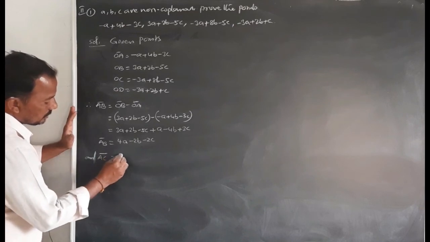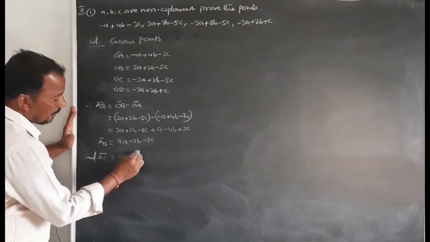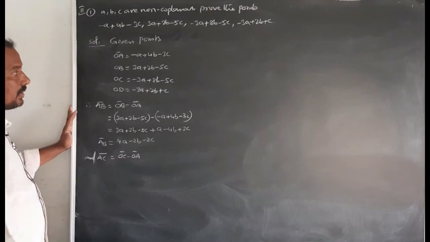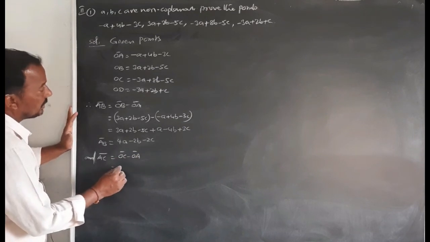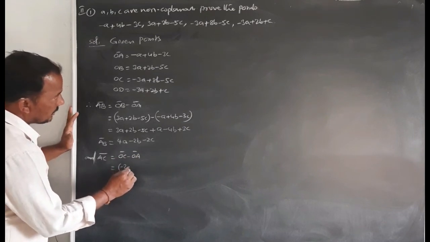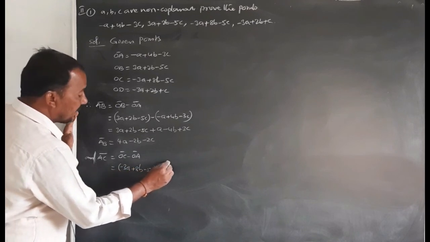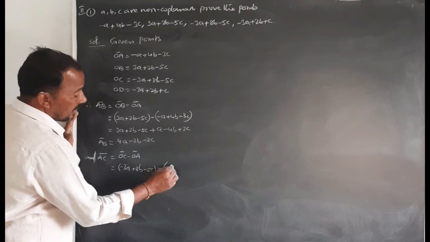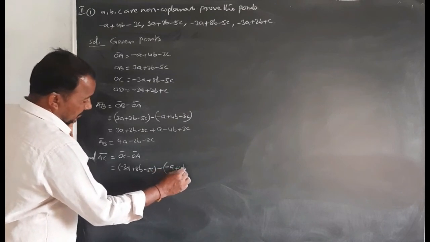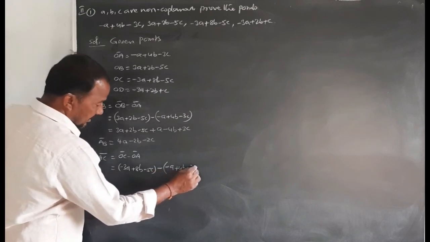AC equals OC minus OA. What is OC? Minus 3a plus 8b minus 5c minus OA, minus a plus 4b minus 3c.